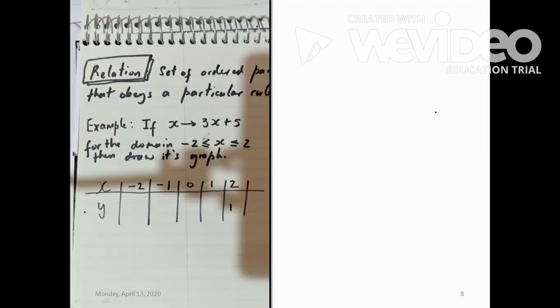Then we're going to use this rule to find the corresponding y values. For example, when x is equal to -2, we want to know what that y value is. To find it, we use this rule. How do we do that? We just replace x with -2 in the rule. So we have y equals 3x.